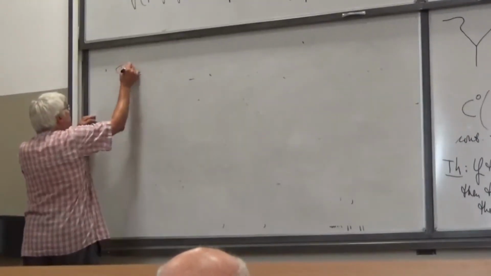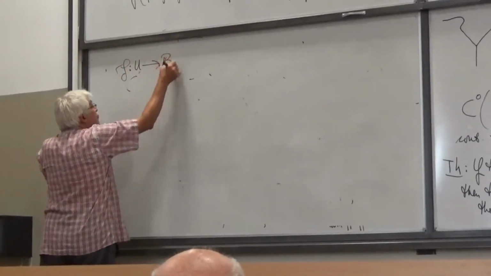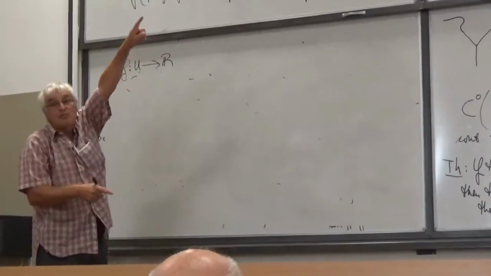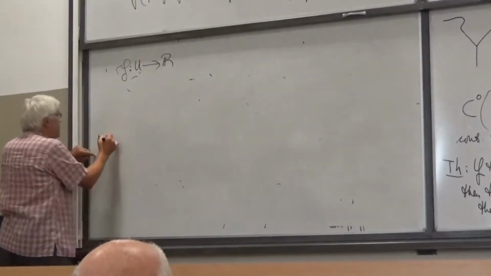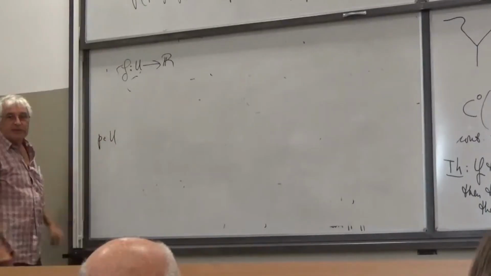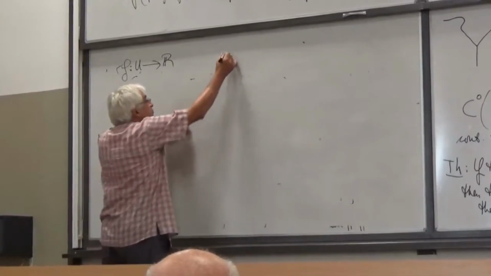So f goes from U to the reals, U is like before an open set in the vector space, and we have a point P in U. And we know something about this differential.